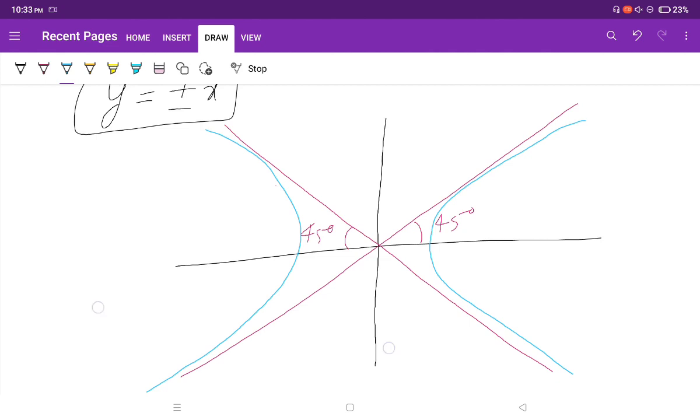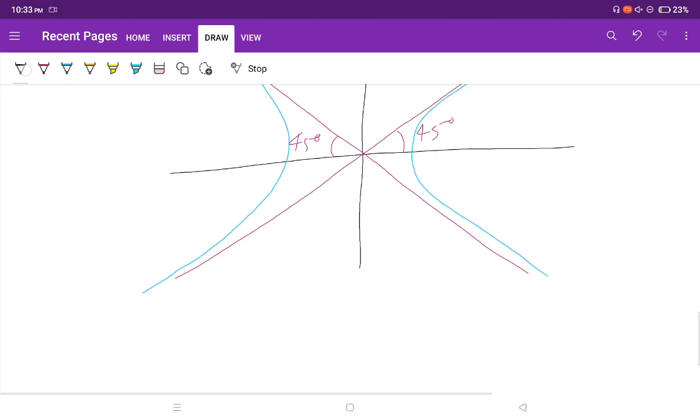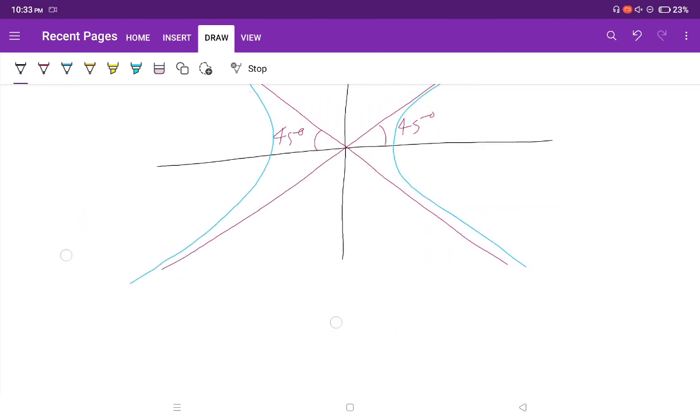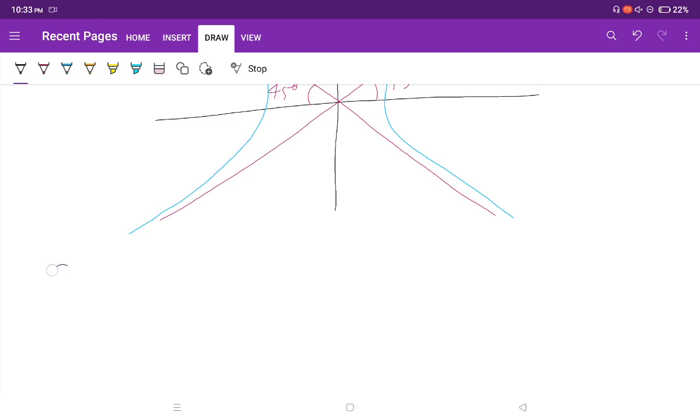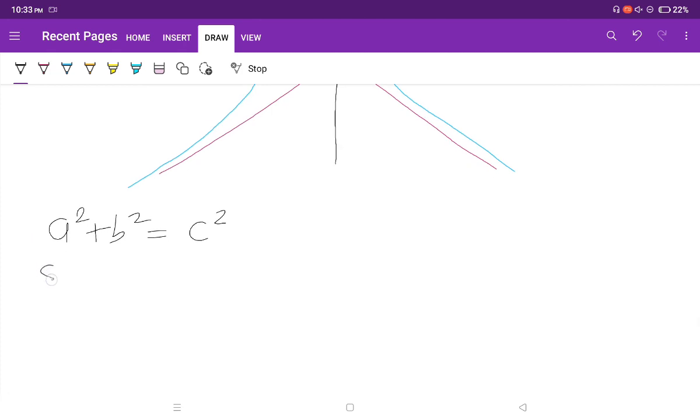Now let's see the eccentricity of the hyperbola. So we have a square plus b square equals c square, right, from hyperbola. Now substitute a equals b. We get a square plus a square equals c square.